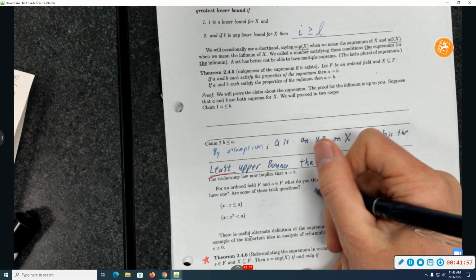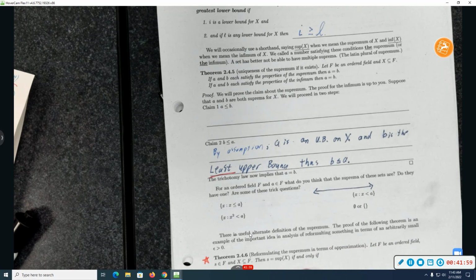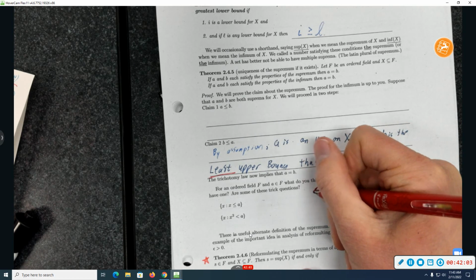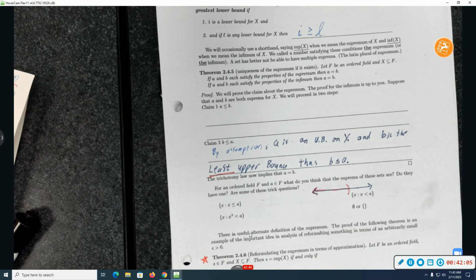Right, so maybe I'll do the pre-calc thing and draw it on a number line. So that's that set. What does it look like the least upper bound of that should be? Something just greater than A. Oh wait, but if you went just greater than A, I can go just a little bit less greater than A. So is your thing actually the least upper bound? No, mine beats it by a little bit.